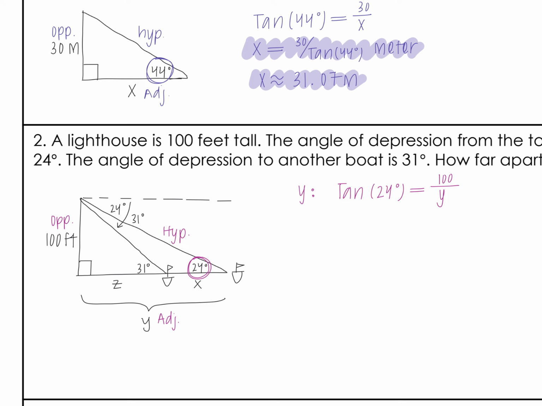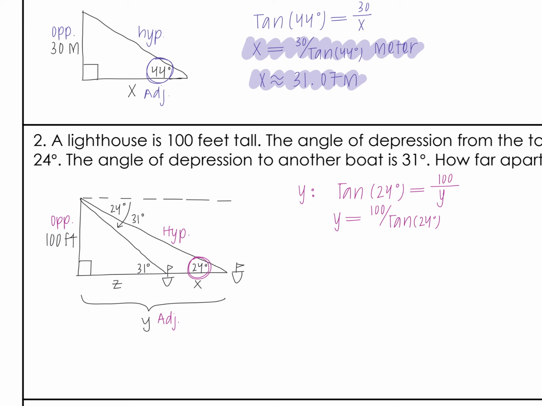Okay, once again, what I'm solving for is in the denominator, so I can just real quickly switch my trig function with that y, and I get that y is equal to 100 divided by the tangent of 24 degrees. And you can put your units here, but it's not my final answer, so I'm going to hold off.